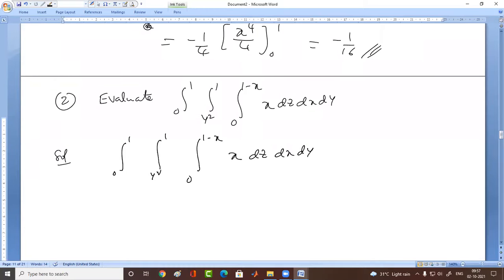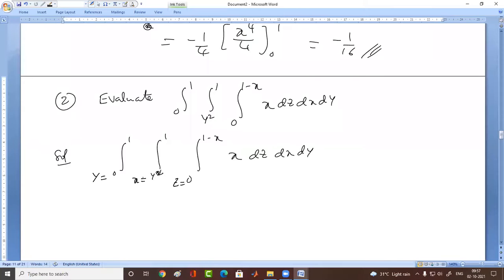Okay, now clearly observe, this is in terms of y. Whenever it is in terms of y, this is y. Here, in terms of x, not y. So this is z. Now the other variable is x.